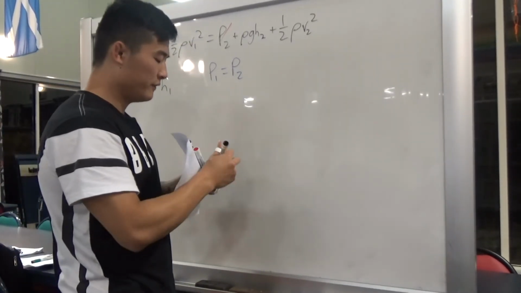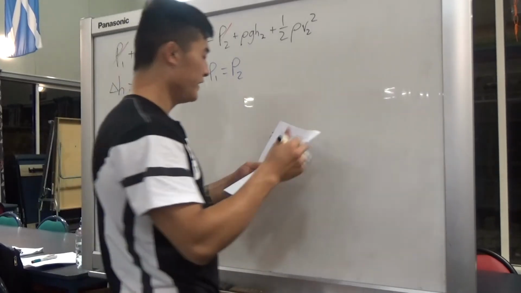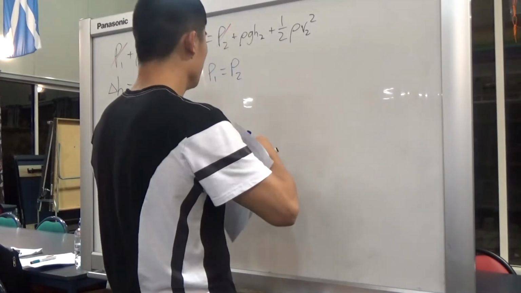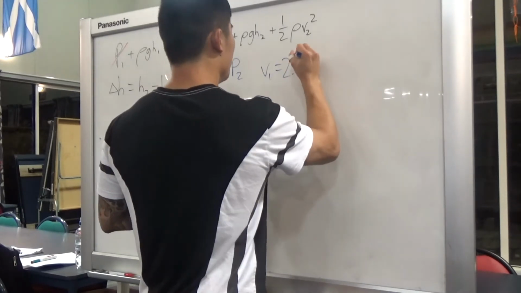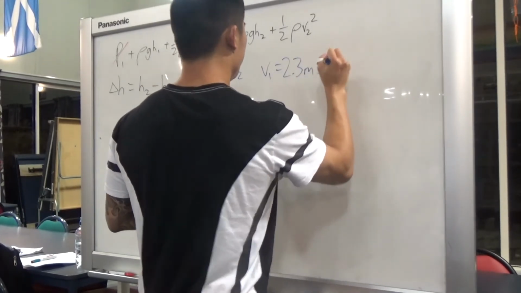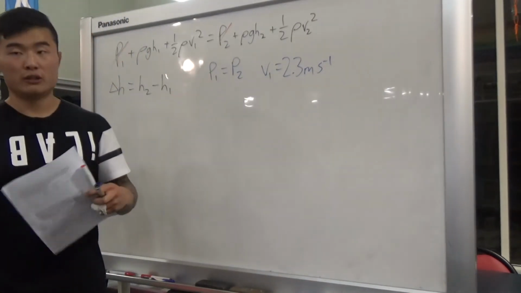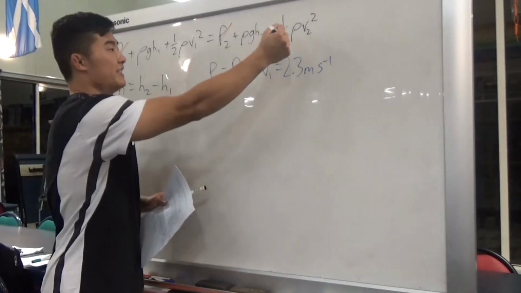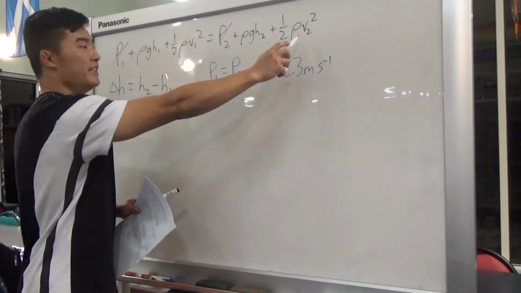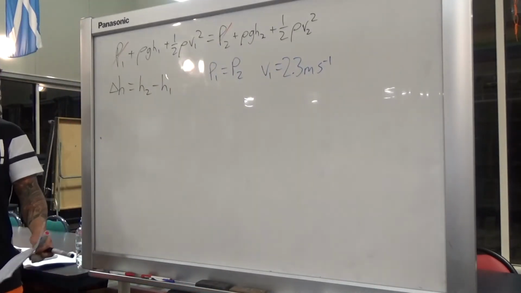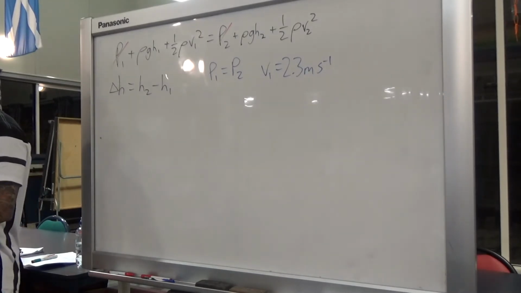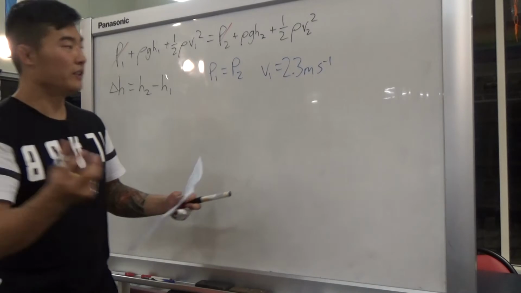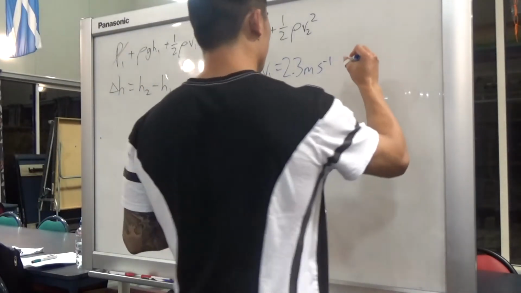And we know that the velocity V1 is equal to 2.3 meters per second, but we don't know what V2 is. So remember that in this equation we need to have V1 and V2, but we don't know what V2 is. But we've been given the areas, so remember we can do A1 V1 equals A2 V2. So we're going to figure out the V2 by using that equation.